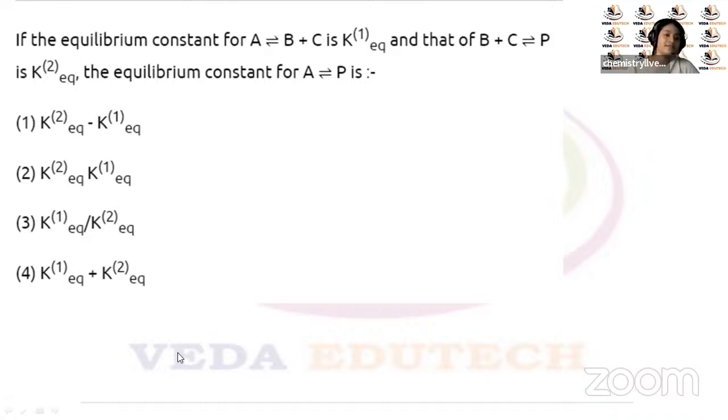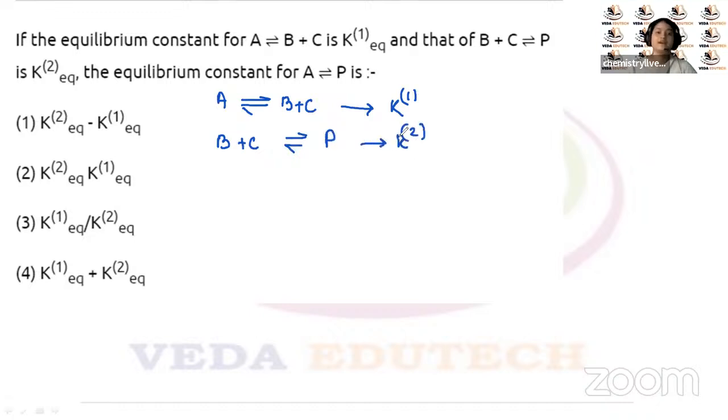Okay, children. So let us see. It is given that the equilibrium constant for this reaction is this much. For the other reaction, we have this, right?